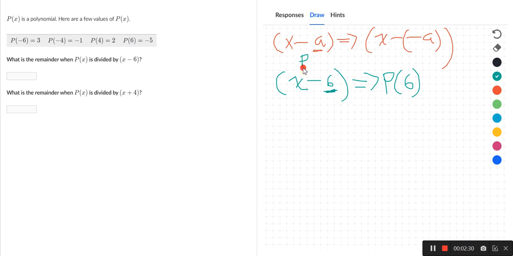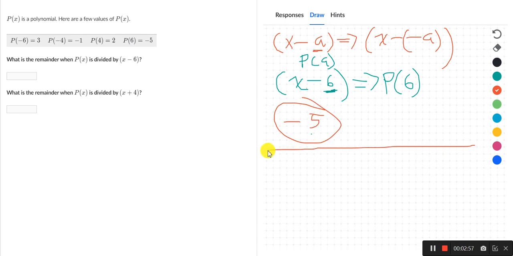Remember, the remainder is p of a. So your remainder is p of 6, which here is just negative 5. You see? Negative 5. So that would be the answer, as simple as that.